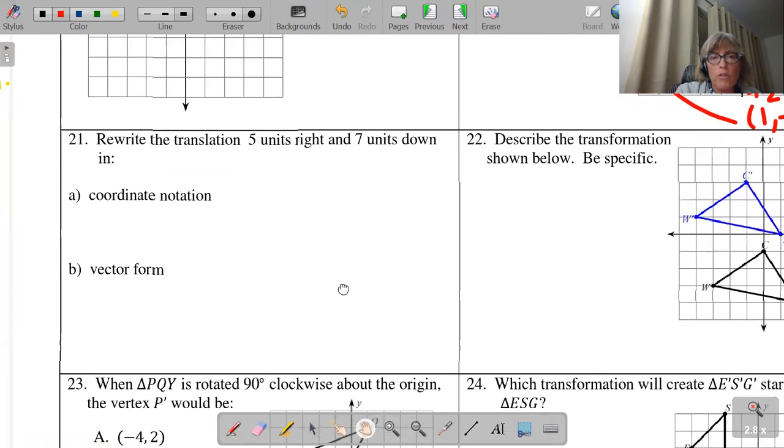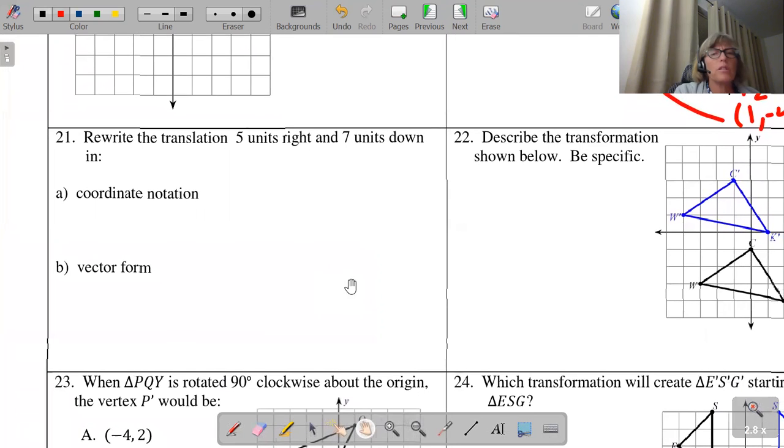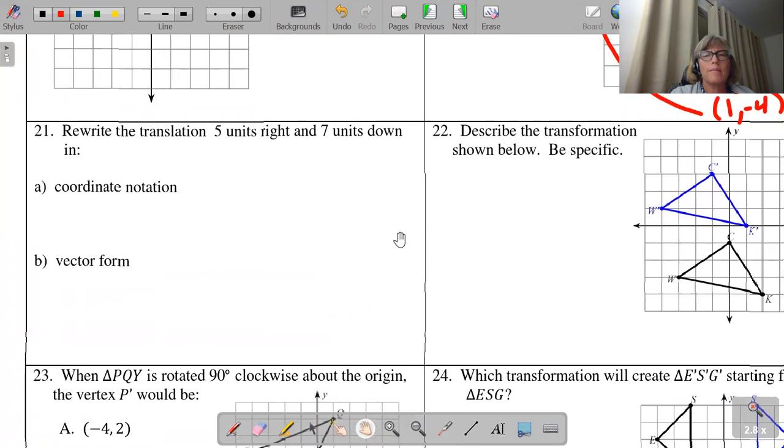Rewrite the translation 5 units right and 7 units down in coordinate notation. So in coordinate notation, you just take the x coordinate 5 units to the right.